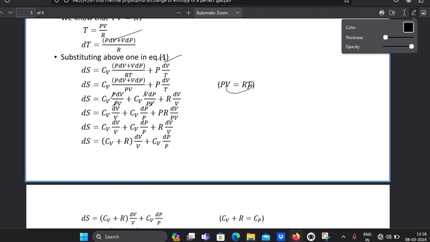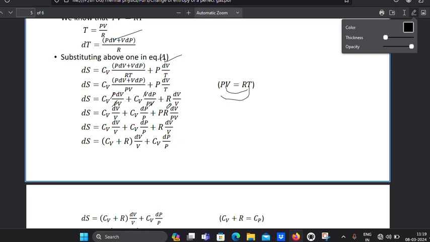If you bring this to this side, and T to this side, we will get P by T. R by V becomes P by T. Here what I have done is P is multiplied and divided.